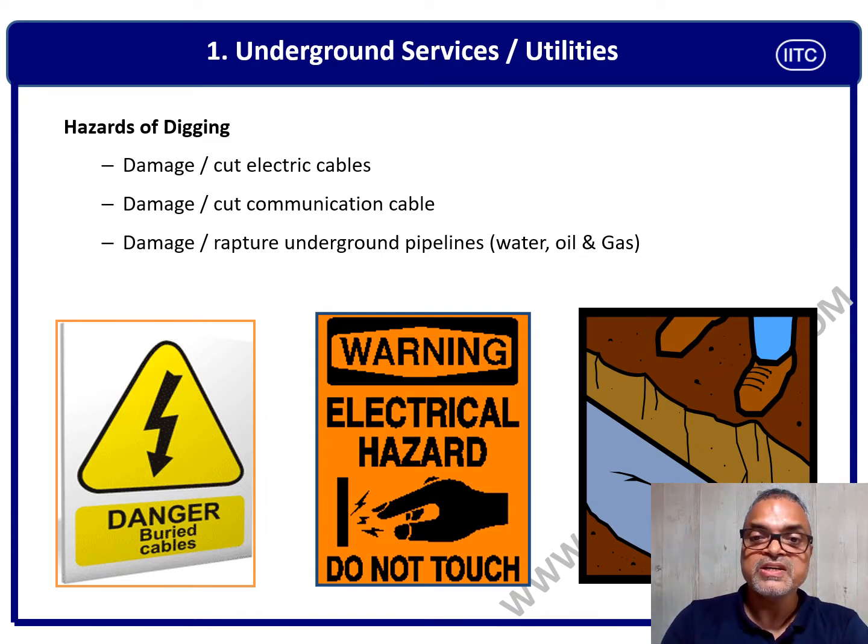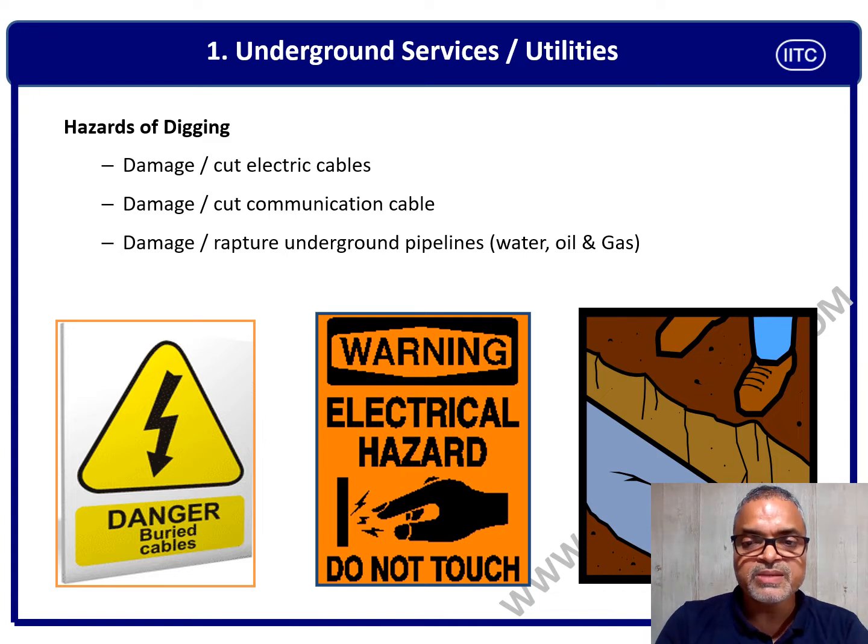So there are hazards of digging. We must ensure that there is no live cable where we are going to do the excavation. This has to be done in advance by scanning, by doing a survey, by foresight excavation or sample excavation, so that we identify there are no electrical cables available underneath the ground.